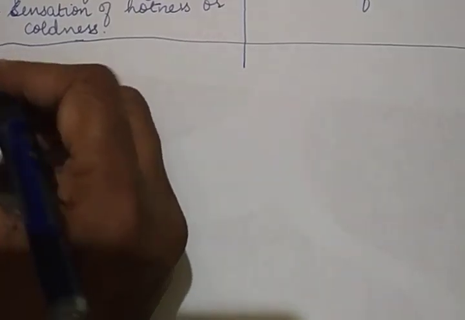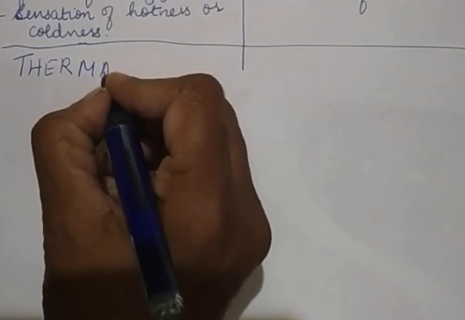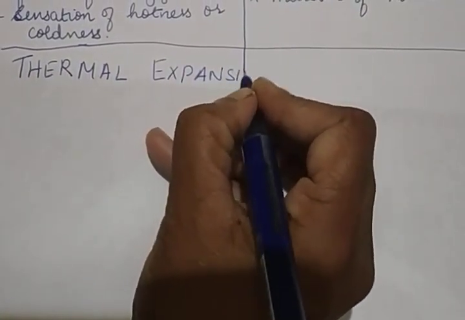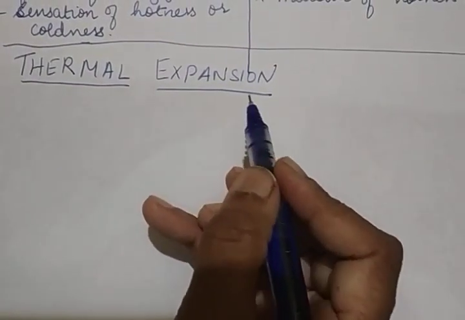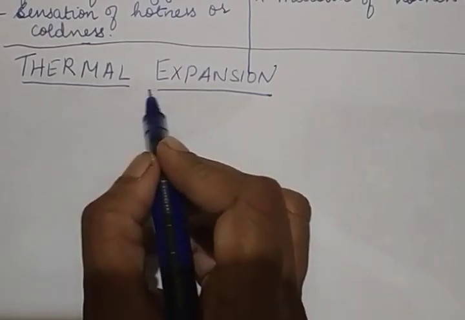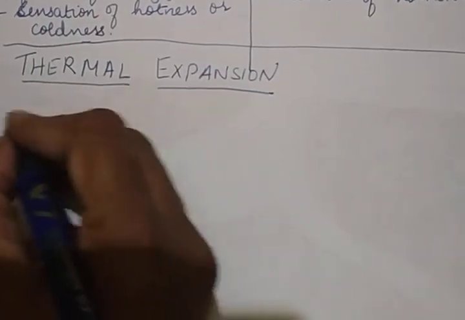Next, we are going to start thermal expansion. On the next page, there is a topic called thermal expansion. As the name indicates, thermal means heat, and expansion you know. Expansion due to heating a body is called thermal expansion. You have studied this last year itself. Now, generally, what is the general behavior?